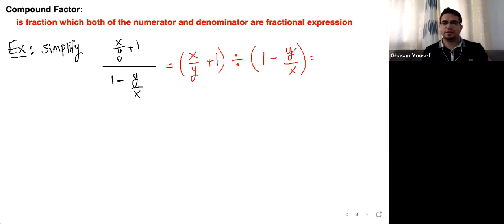Second step, we have to simplify inside the parentheses. So actually this 1 is 1 over 1. Now for adding fractions, we have to make the denominators equal. So how can we make the denominators equal inside both of these parentheses?